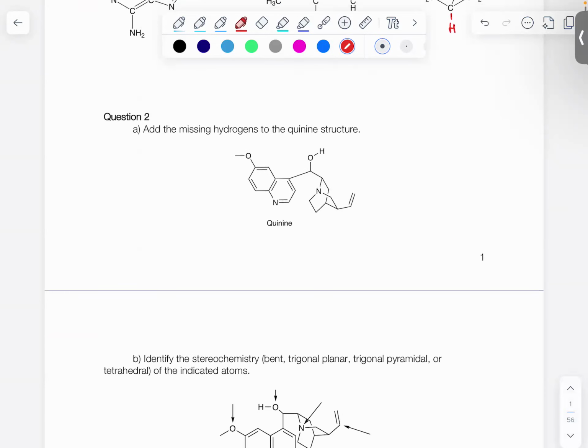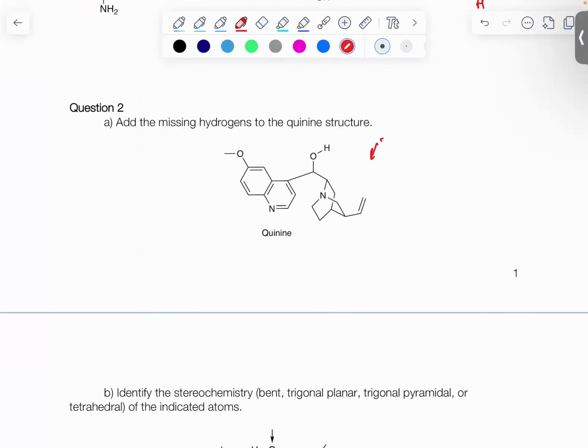So next is a little bit more complicated. In this one, we are looking for all the implied hydrogens. This kind of structure is called a skeletal structure, where we just have those kinds of lines, and we take each of these turns or bends in the lines as a carbon. So adding in all of the hydrogens, we know that this C would need 3 more bonds. And then we can work our way around all of the carbons here.